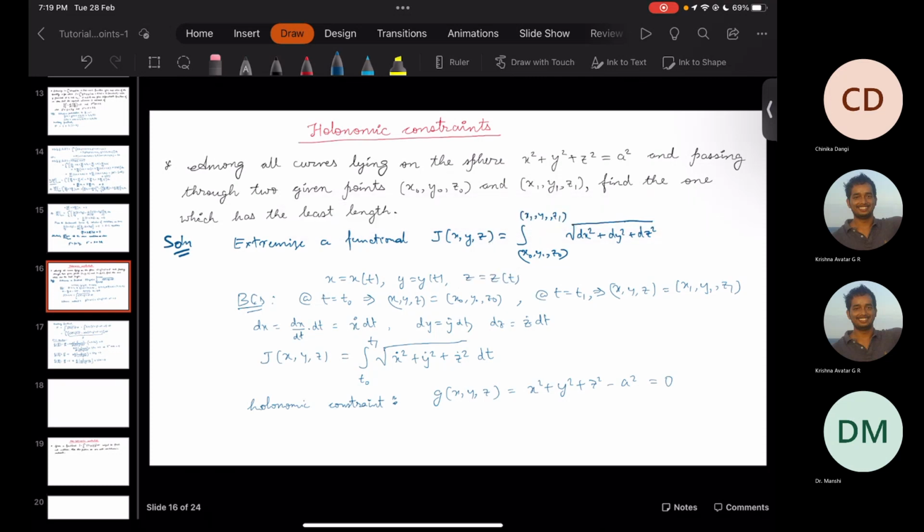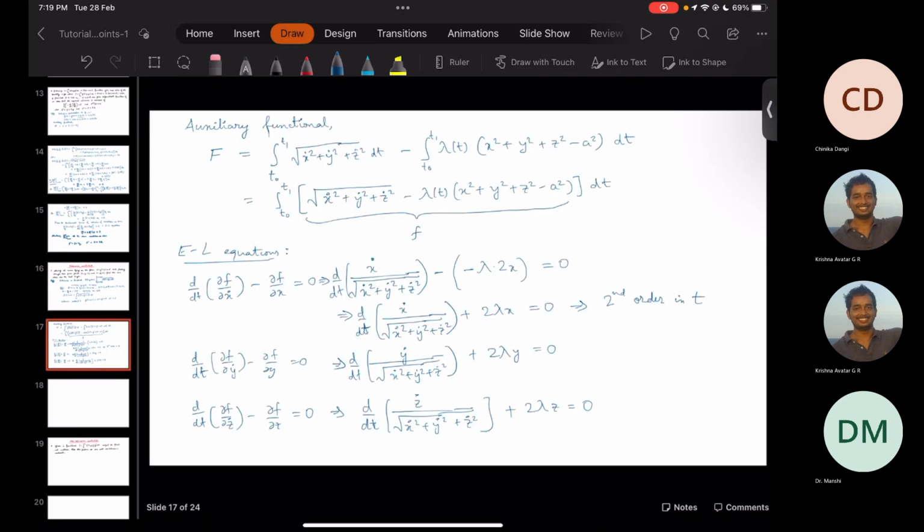These x, y, z are related by virtue of lying on a sphere, isn't it? Which means in some way x, y, and z are also linearly dependent, because they are constrained to lie on a surface. And what we can do here is, let's try something out.